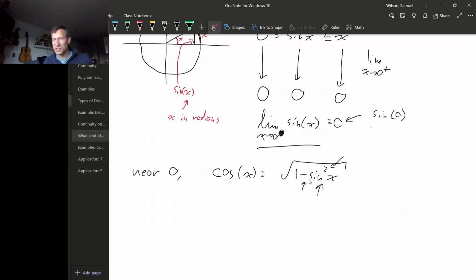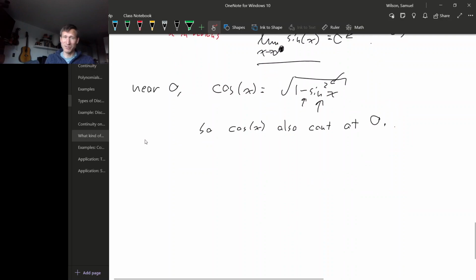But all of these operations preserve continuity. That's what we noticed just a minute ago. So cosine is also continuous at 0. All right. So now we know that sine and cosine are both continuous at 0.